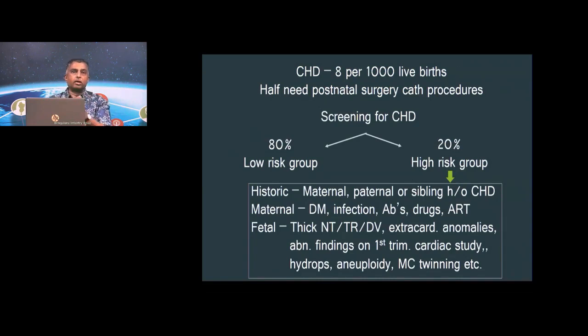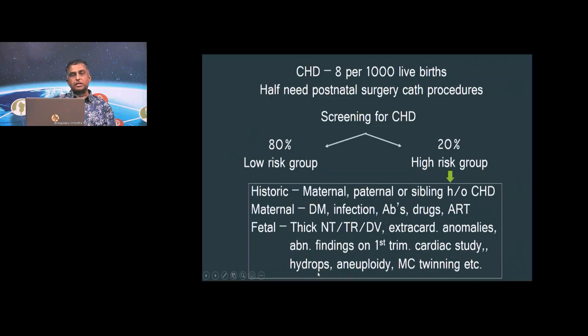We also look for the outflow tracts which are crossing over in the first trimester scan itself. So in the process of looking at the first trimester heart, you might have findings which will tell you that this is a case which you have to follow up in the near future, maybe 15 weeks, 16 weeks, 17 weeks, or even the mid-trimester, to see if there's congenital heart disease.